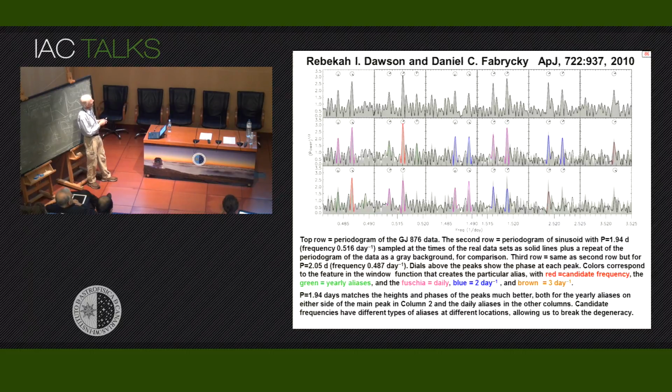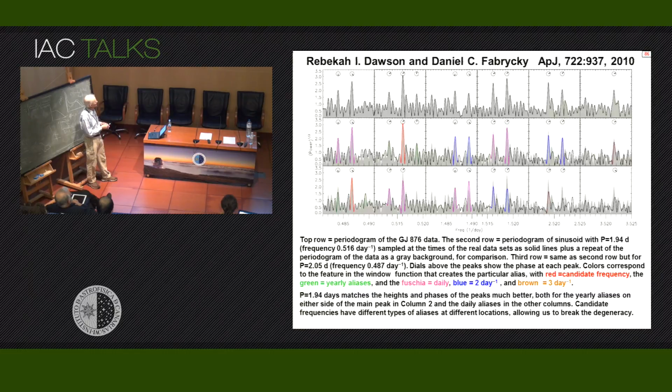And so what they've done is they've taken the envelope of the real data, and that's this dark area here, and they've overplotted that over the transform of the simulated data. And if you look carefully at the comparison for the two cases of a 1.94 day and a 2.05 day, you'll see that, especially over here, the simulation doesn't show anything much going on, whereas there clearly is an alias in the real data.